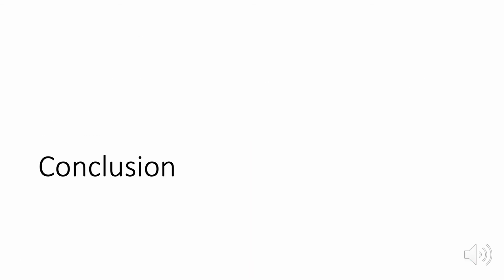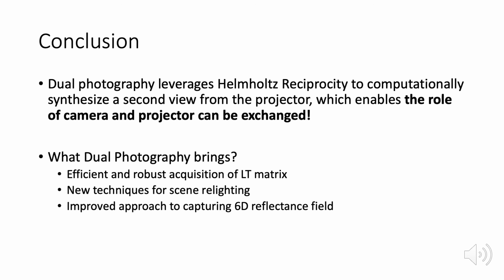To wrap up, let me draw some necessary conclusions. In one sentence, dual photography leverages Helmholtz reciprocity to computationally synthesize a second view from the viewpoint of the projector, which enables the roles of camera and projector to be exchanged.